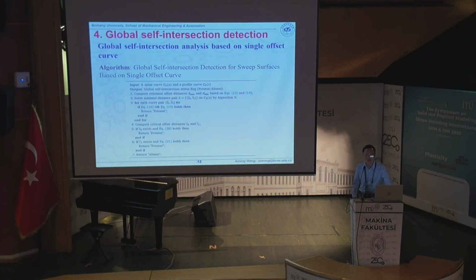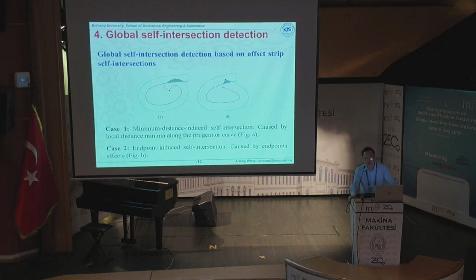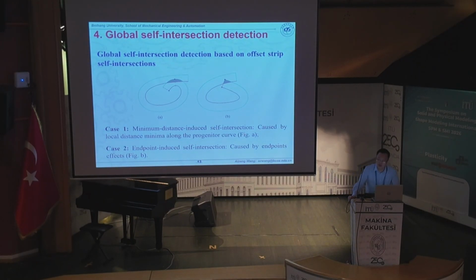The first detection framework integrates spherical curvature analysis with critical offset distance computation. Global self-intersection detection based on offset strip self-intersections can be classified into two types, as shown in the figure. Case one is minimum-distance-induced self-intersection, caused by a local distance minimum along the parameter curve.